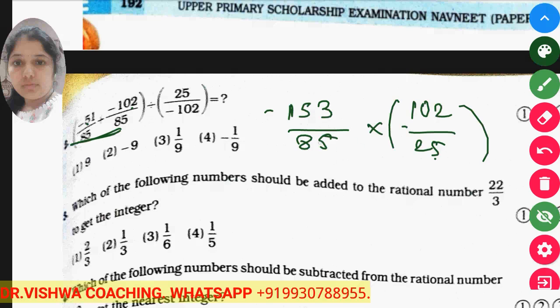17 is the common factor here. 17 sixes are 102 and 17 fives are 85. Okay, and it becomes then, addition is there, no? One second, I will check.